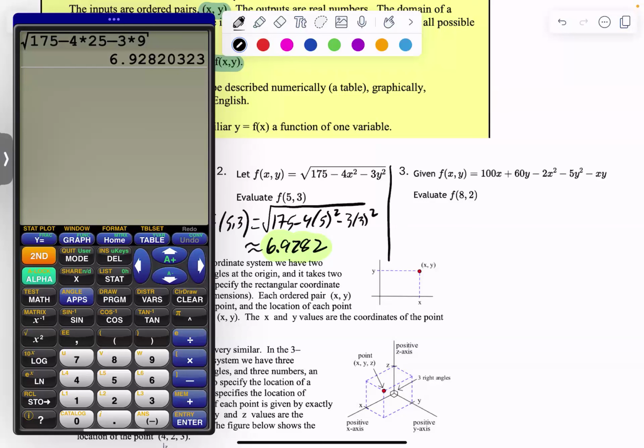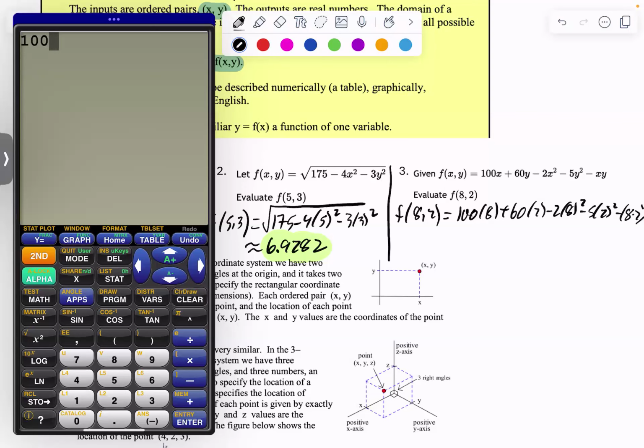All right, our last one, we have kind of a long one here. F of 8, 2. This will be 100 times 8 plus 60 times 2 minus 2 times 8 squared minus 5 times 2 squared minus 8 times 2. Let's see what we get with that.